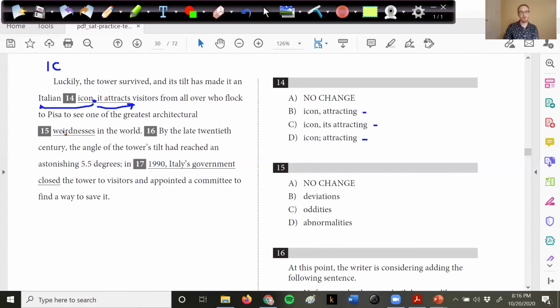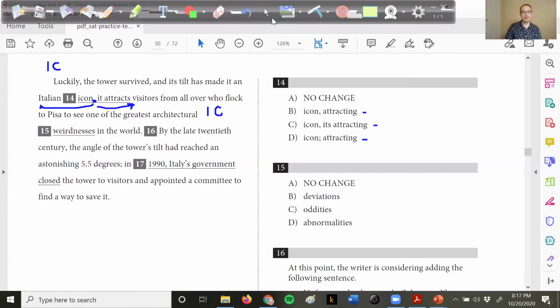Well, weirdnesses is a weird word, but it looks like we'll be tested on that later. Aside from that, everything's in order. This could also stand on its own. But a comma can't support two independent clauses, two complete thoughts on either side. So for that reason, I don't really like A, no change.